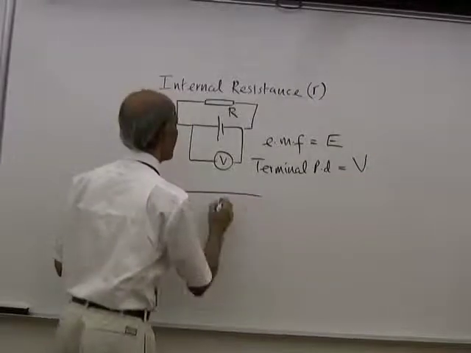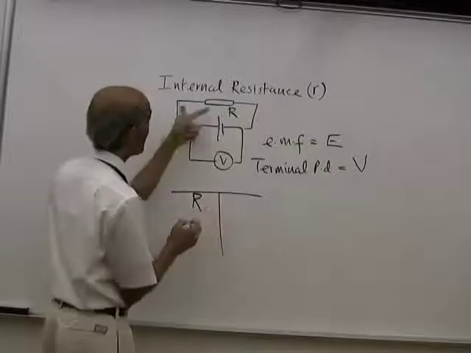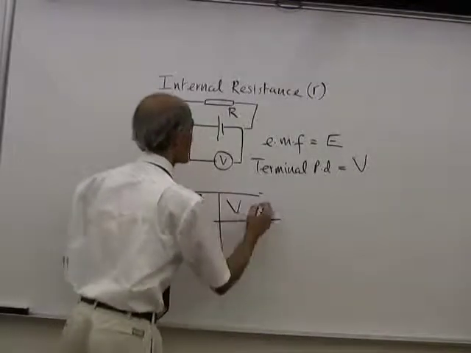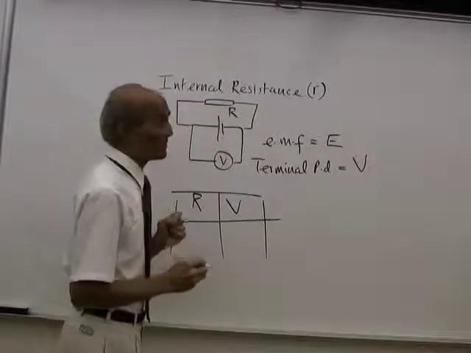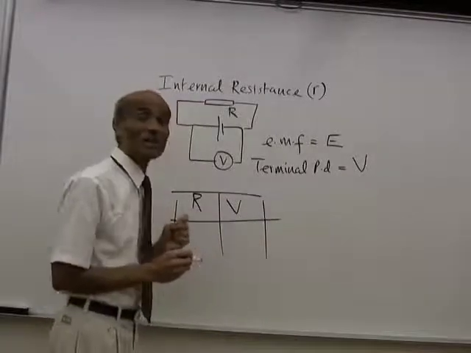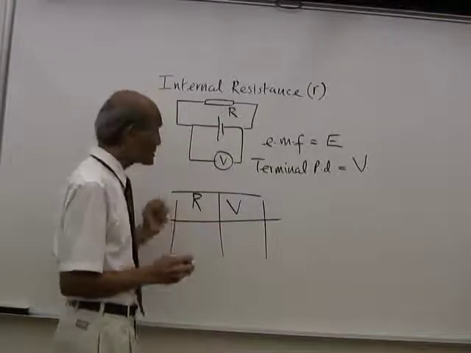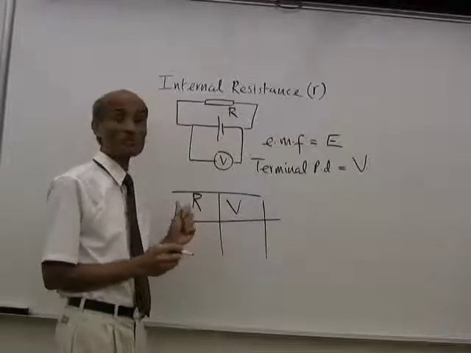So you will have a table of resistance R, the external resistance, and the terminal potential difference. And you know, we had obtained an equation for internal resistance in terms of the external resistance and the terminal potential difference.